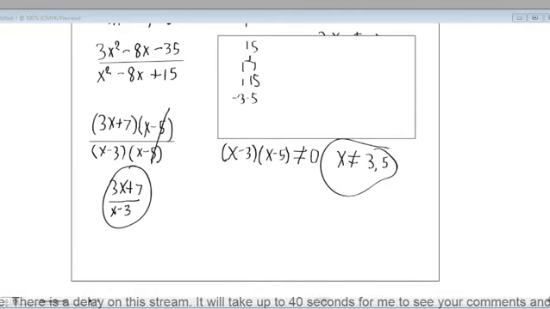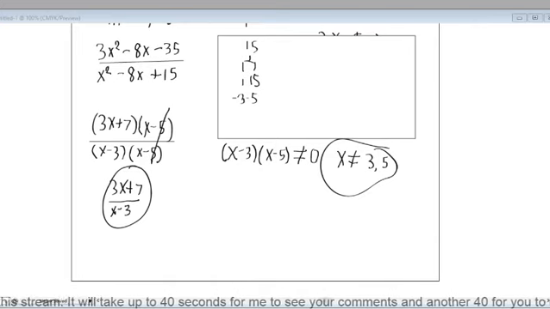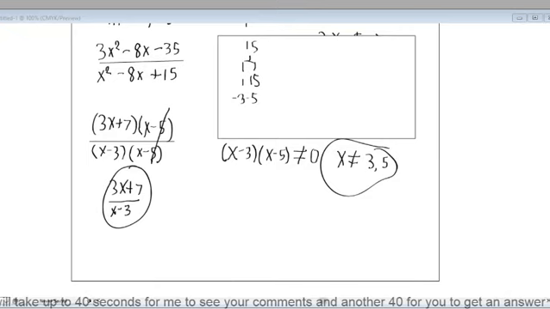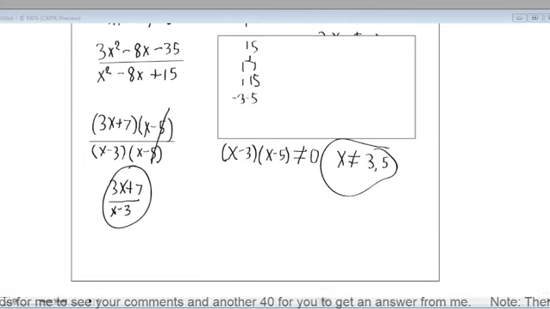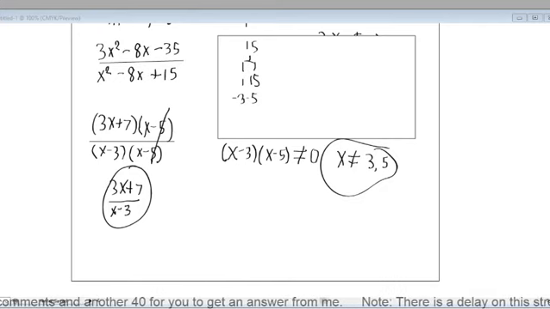Okay, Victor asks, what if the answer comes as a fraction? Okay, now do you mean the excluded values, or do you mean this right here? Because excluded values, yeah, you might get a fraction. That's perfectly fine to get a fraction.